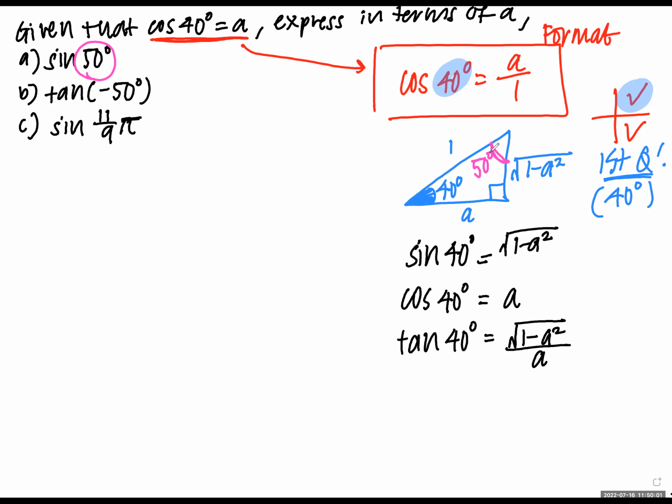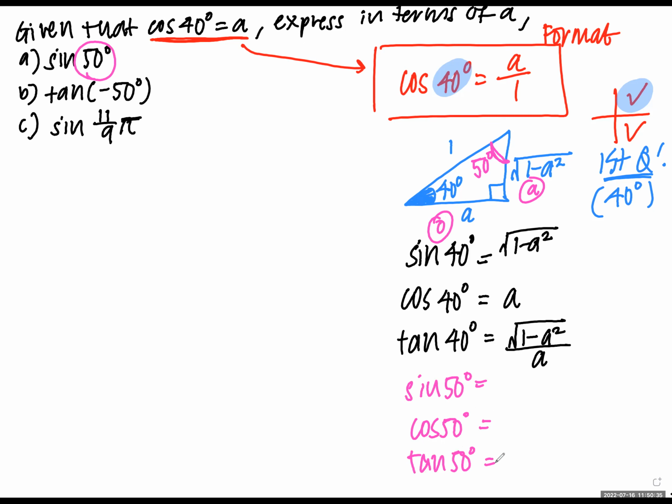If I identify that this is 50, my opposite and adjacent are swapped. Hypotenuse is still the same, meaning here will be my adjacent and here is my opposite. Clear so far? Meaning to say, with this same triangle, I can still find sine 50, cos 50, and tangent 50.